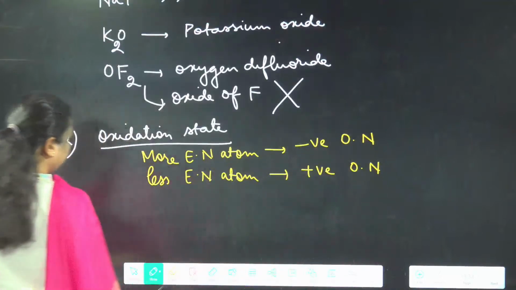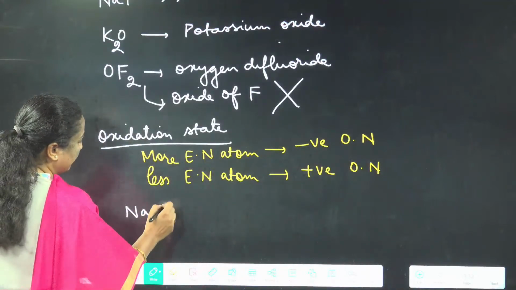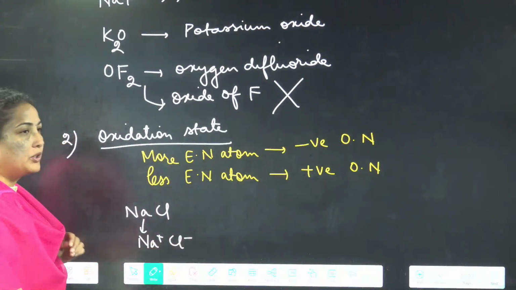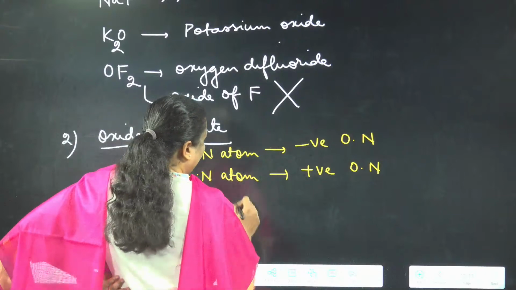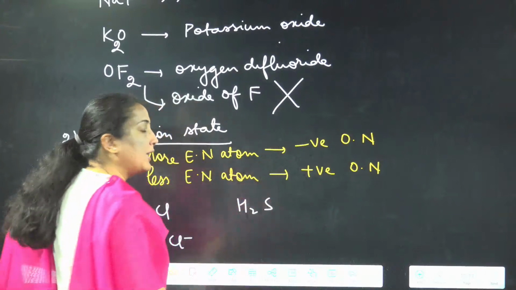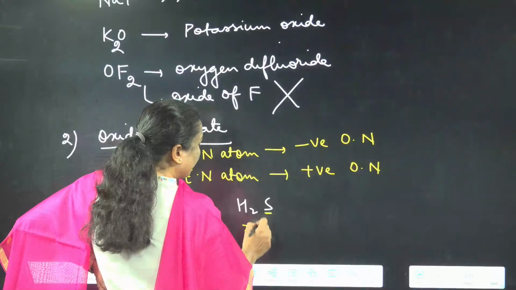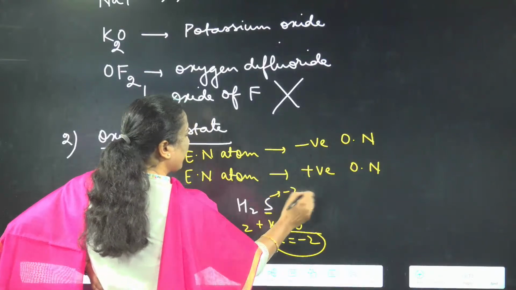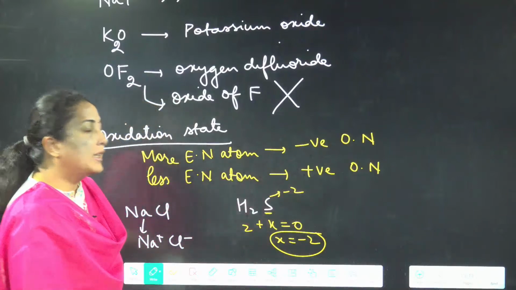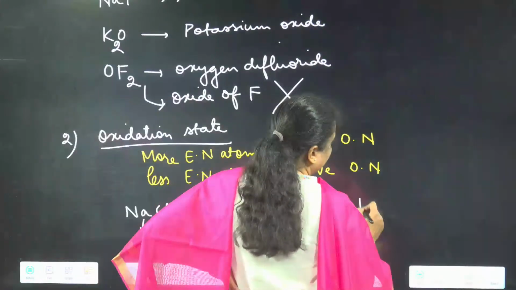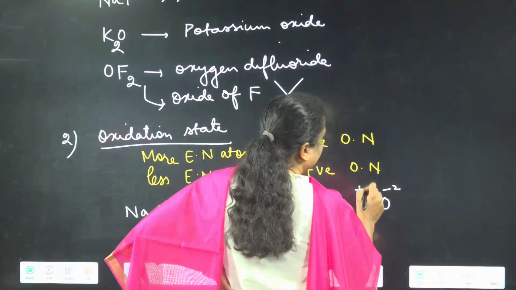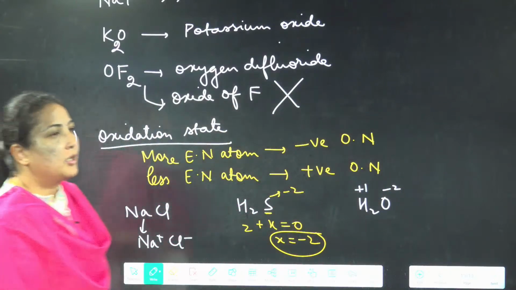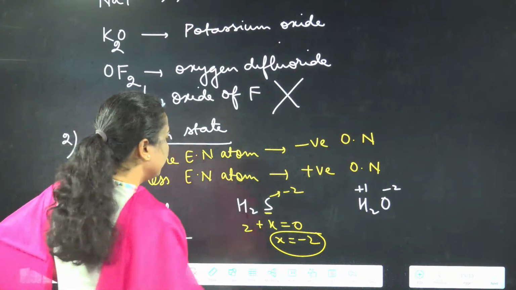For example, NaCl we write as Na plus and Cl minus. Able to see that? If I have to calculate the oxidation state of sulfur in H2S, I write 2 plus X equal to 0, X equal to minus 2. Do we know that here sulfur is more electronegative? Getting it? Similarly, if I write H2O, I know oxygen is minus 2 and hydrogen is plus 1. I know that the electronegativity of oxygen is more compared to hydrogen, right?